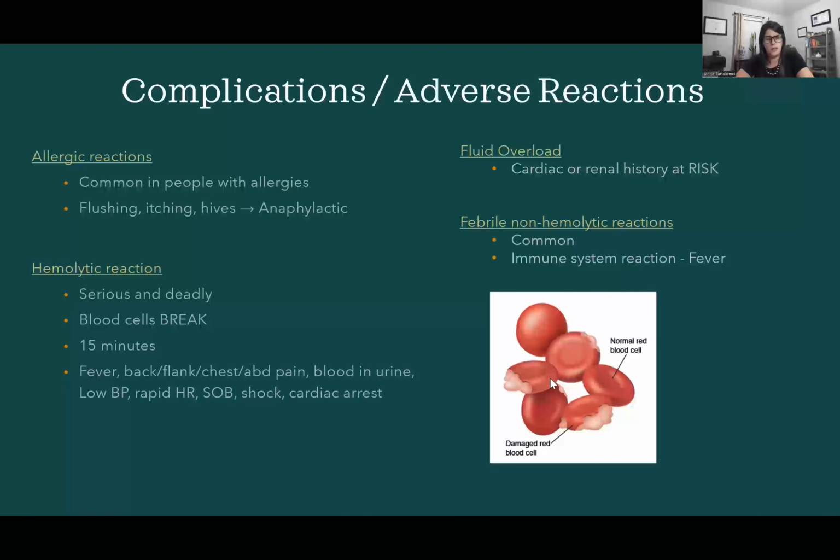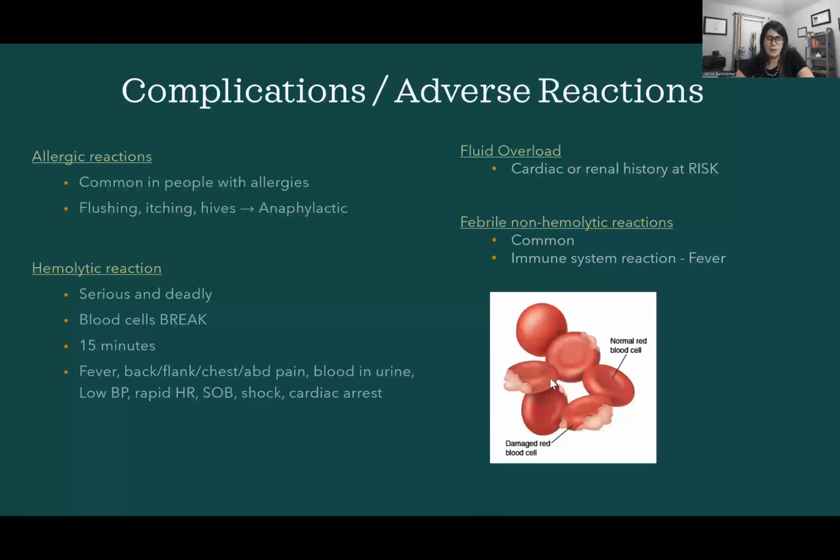The patients can complain also of fever, chills, back pain, like flank pain, abdominal pain. They could have blood in their urine, circulatory system collapses. You can have hypertension, tachycardia, cardiac arrest. So this is deadly, and it's the worst of the worst.